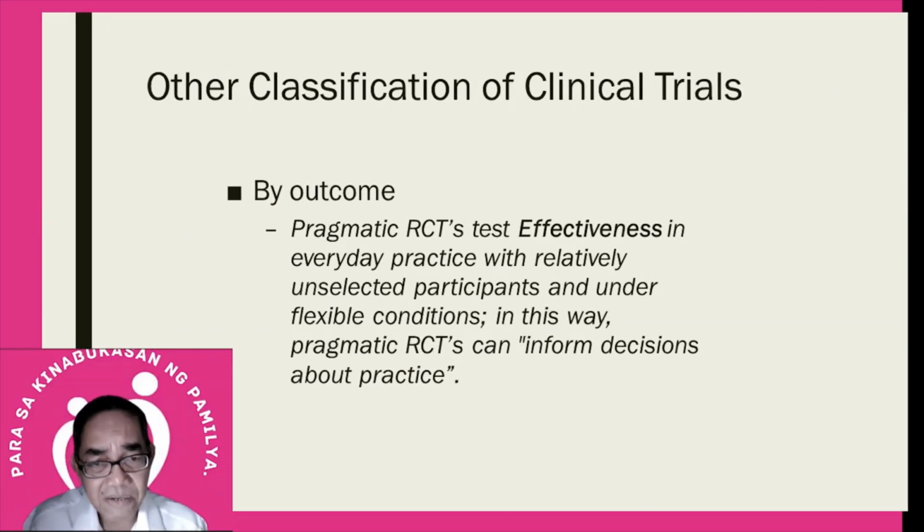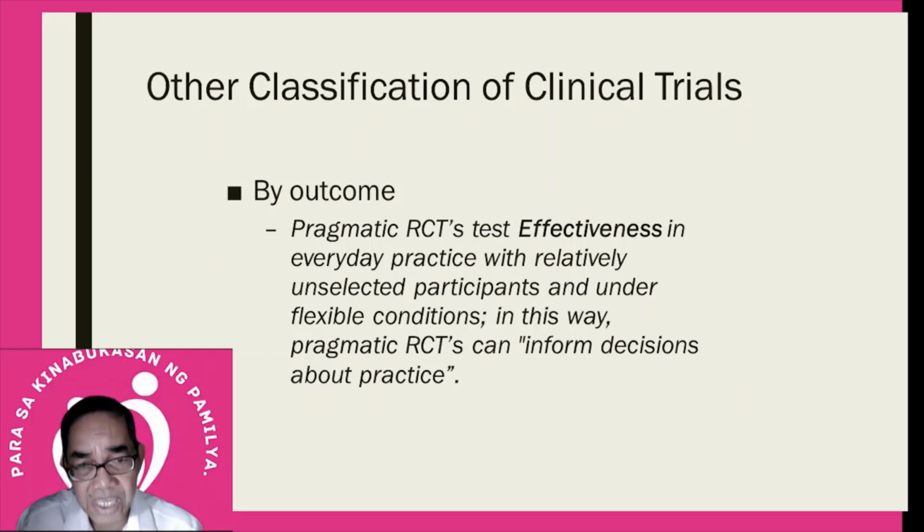The pragmatic RCT tests the effectiveness in everyday practice with relatively unselected participants under flexible conditions, and in this way, pragmatic RCTs can inform decisions about practice, meaning there are not many inclusion-exclusion criteria. It is not very strict.